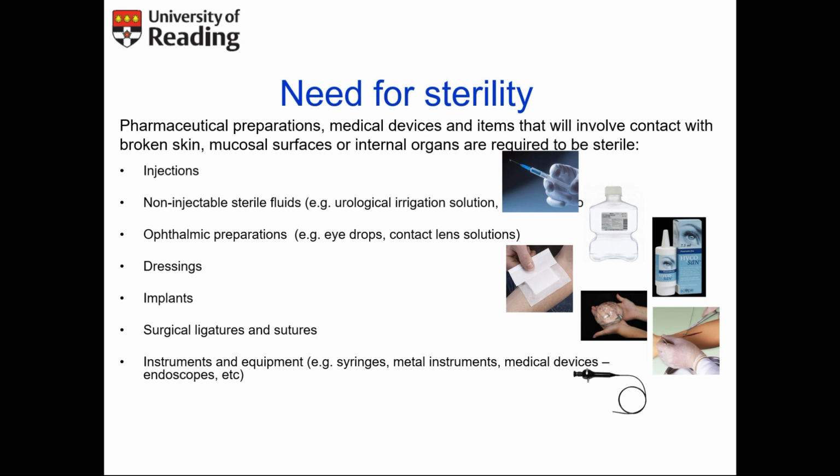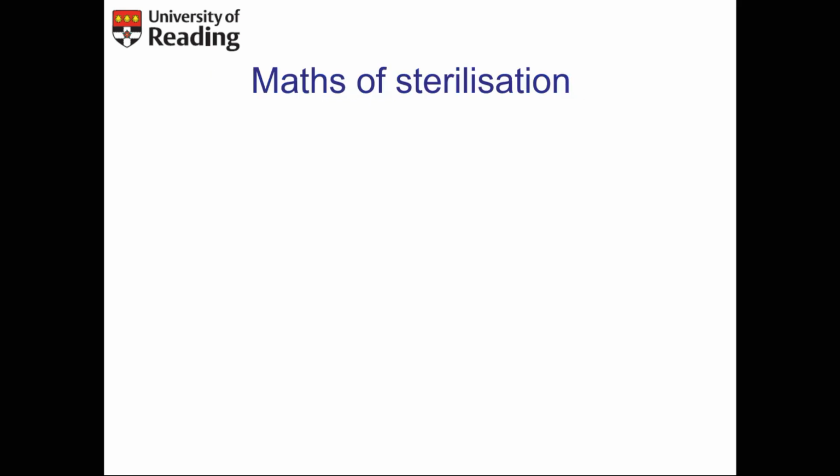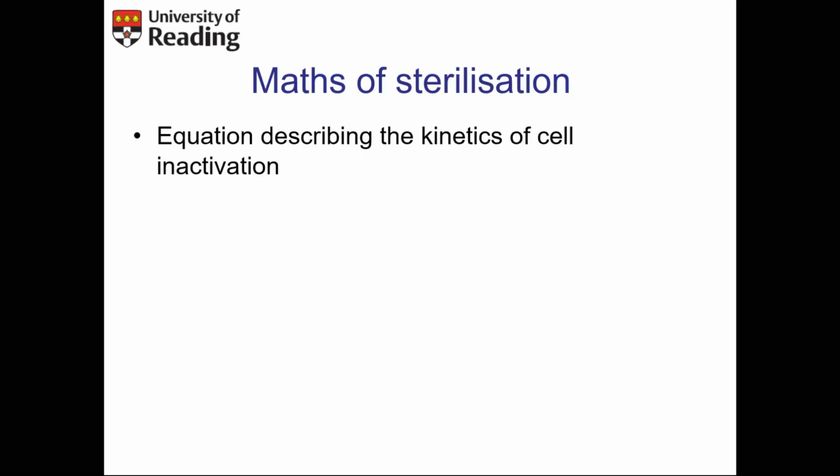And also, as a part of the maths of sterilization, you should be familiar with the growth and reproduction of microorganisms curves and factors affecting different stages. Then specifically for maths of sterilization, you should be familiar with the equation describing the kinetics of cell inactivation, condition for guaranteed sterility.